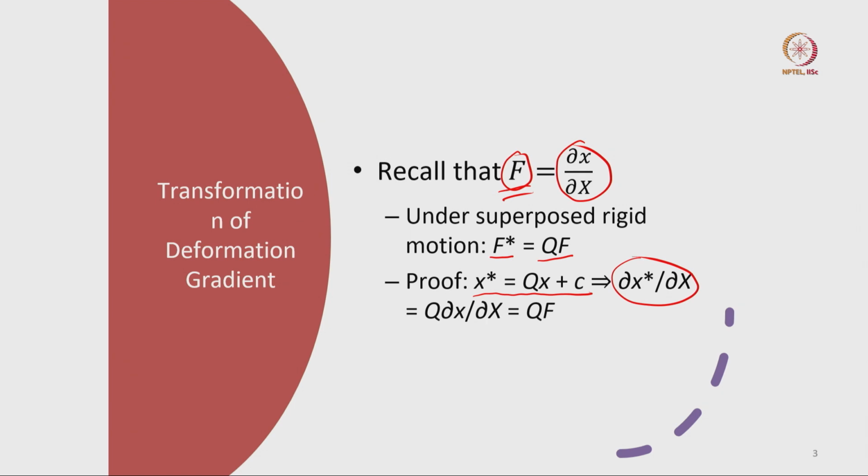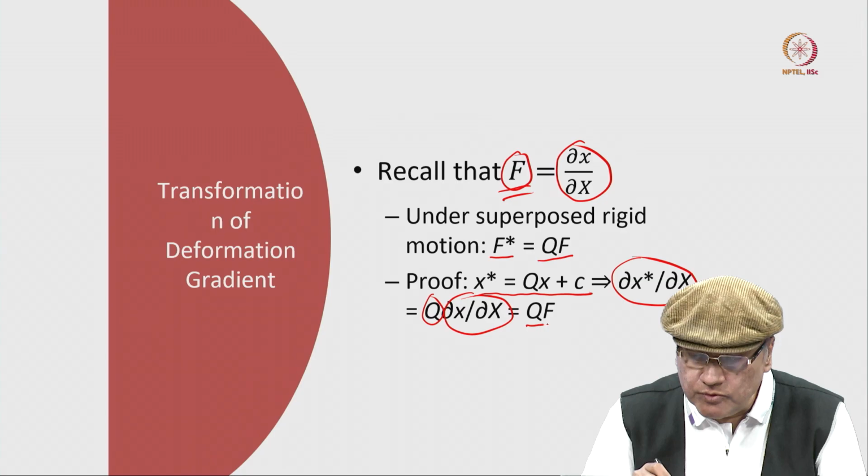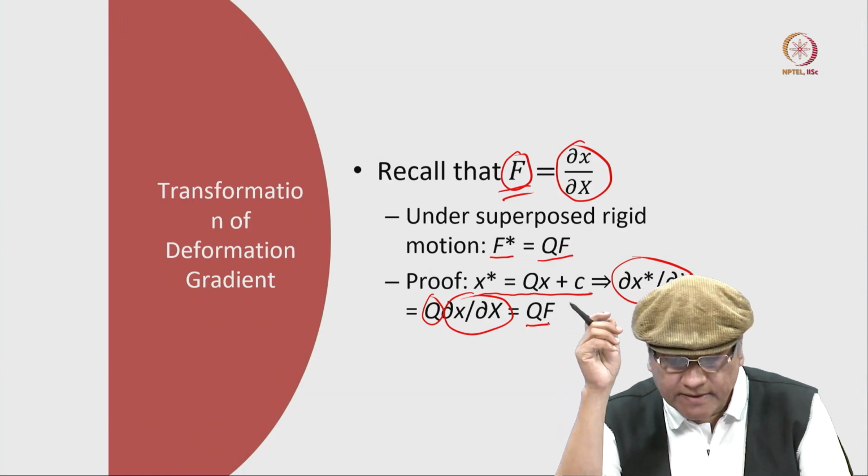So by chain rule, that will be simply del x star by del small x times del small x by del capital X. So the gradient with respect to small x of x star, times, here times means matrix multiplication, the gradient of small x with respect to capital X. Now the first term is nothing but Q, the gradient of small x star with respect to small x, and the other multiplying term is the original F, the gradient of small x with respect to capital X. So we basically have QF in the process, which is nothing but F star.